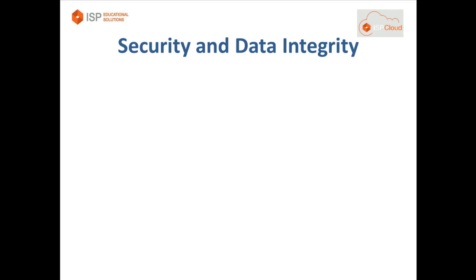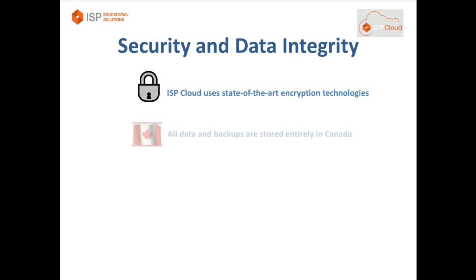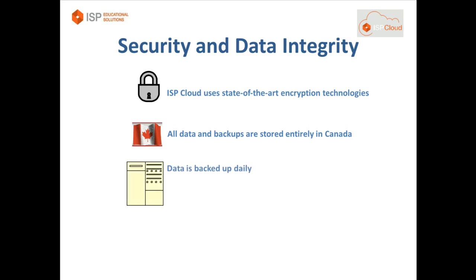Let's look now at security and data integrity. ISP Cloud uses state-of-the-art encryption technologies to make sure that not only the data that is stored in our database is secure, but also that the transmission of data is secured. All data and backups are stored entirely in Canada. Yes, ISP Cloud is a cloud product, but it uses a Canadian cloud.